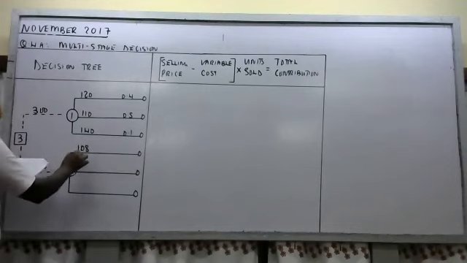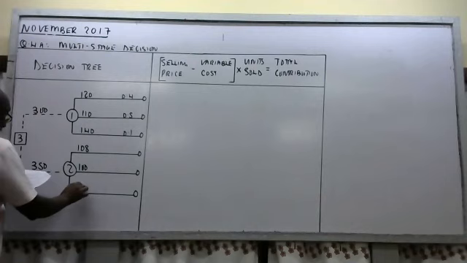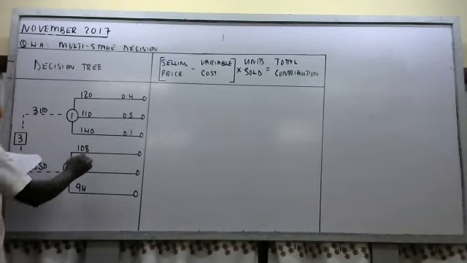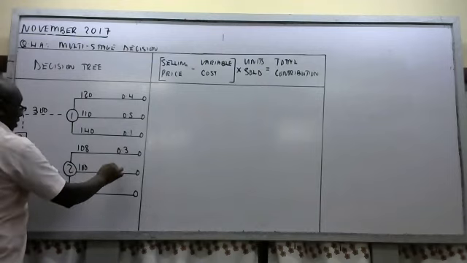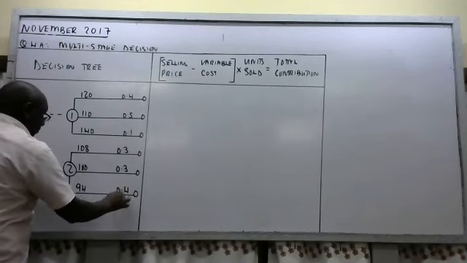This is 100, 94, with the probabilities of 0.3, 0.3, and 0.4.